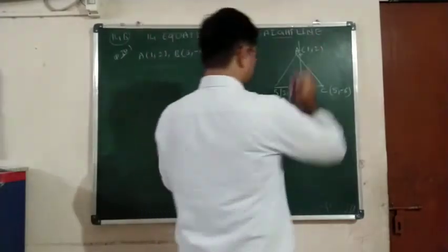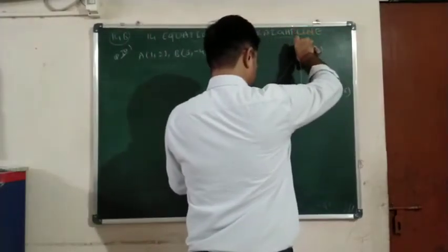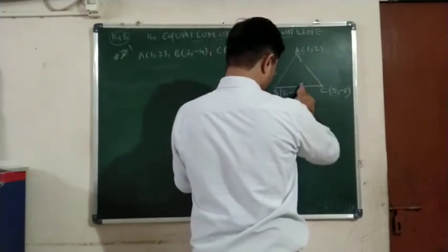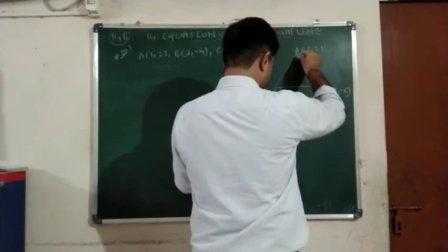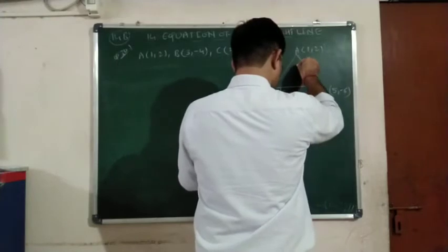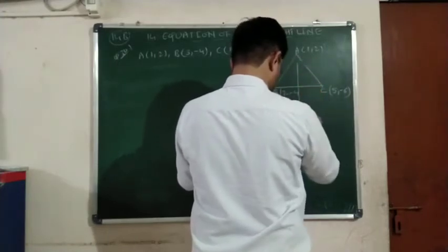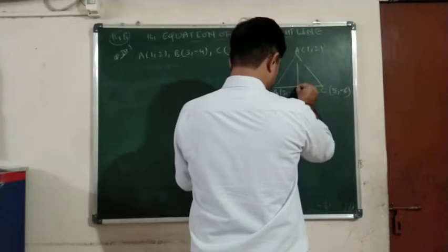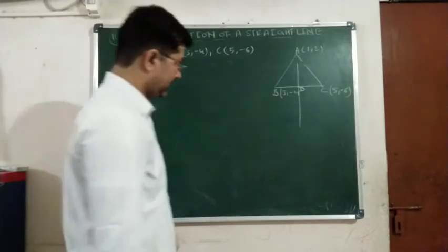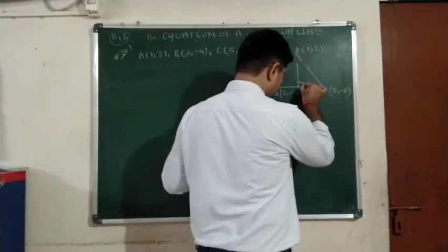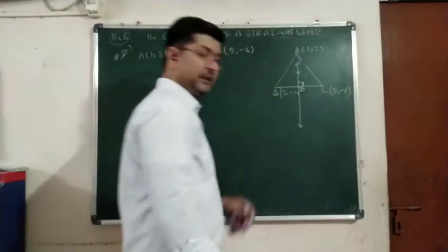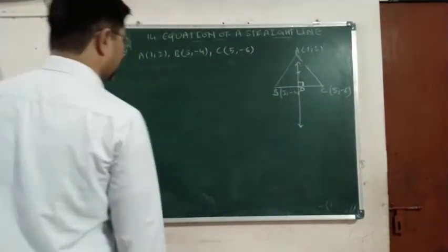Then in that case, this line must be passing through the midpoint of BC. Yes or no? Say the perpendicular bisector or right bisector intersects BC in point D. Clear? Okay.